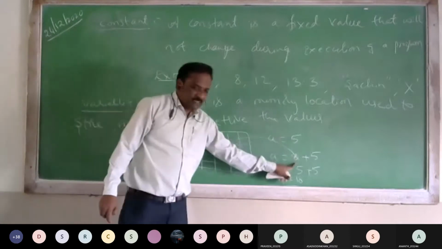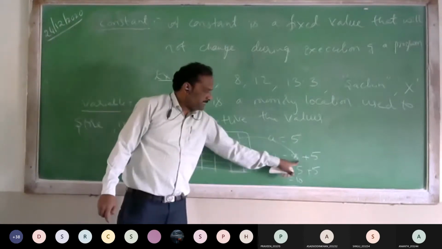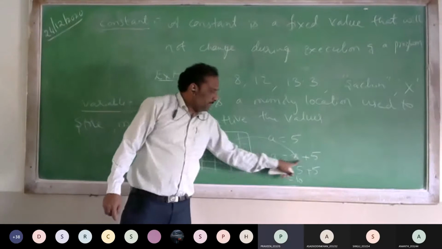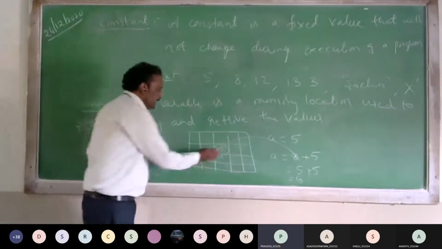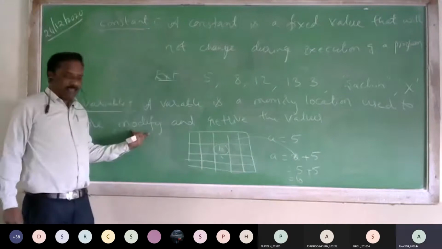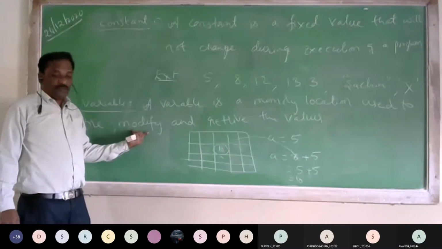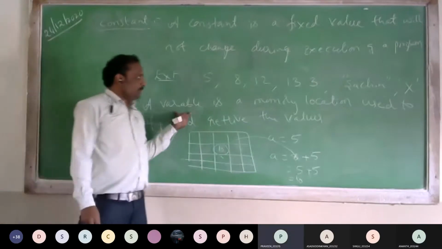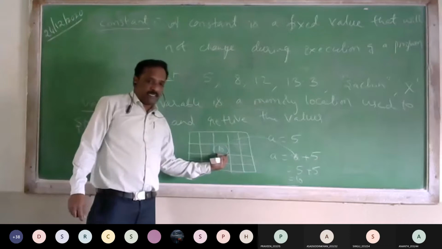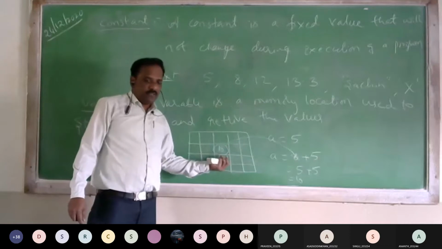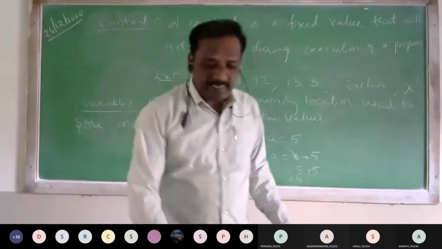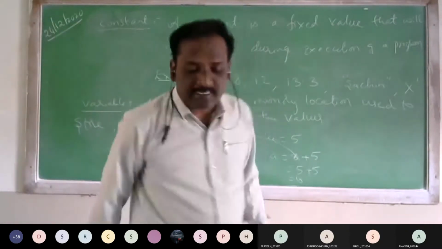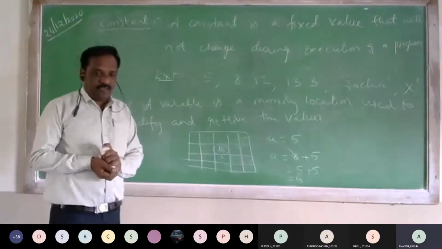The value 5 is accessed here for the next statement's execution. 5 plus 5 is 10, and 10 is stored again in A. So earlier 5 is modified to 10. What is a variable? A variable is just the location where we store the value, or retrieve the value, or change the value.